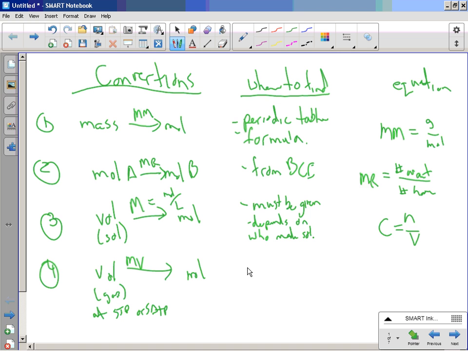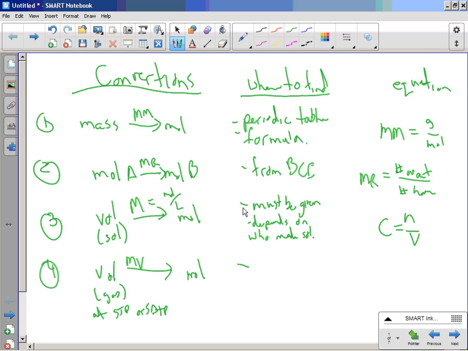All right? Well, where would I find the molar volume? No, it's not in the question. They'd have to say STP or SATP, but once they've said that, where would I find that? Yep. It's on your sheet. It's on the equation sheet.